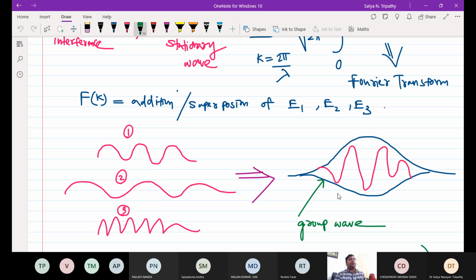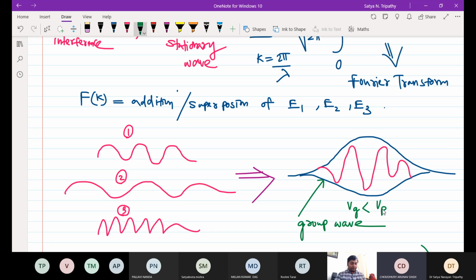This envelope is called the group velocity, and Vg is always less than Vp. So Vp may be very high, but the group velocity is very small. Any doubt or anything you'd like to ask?